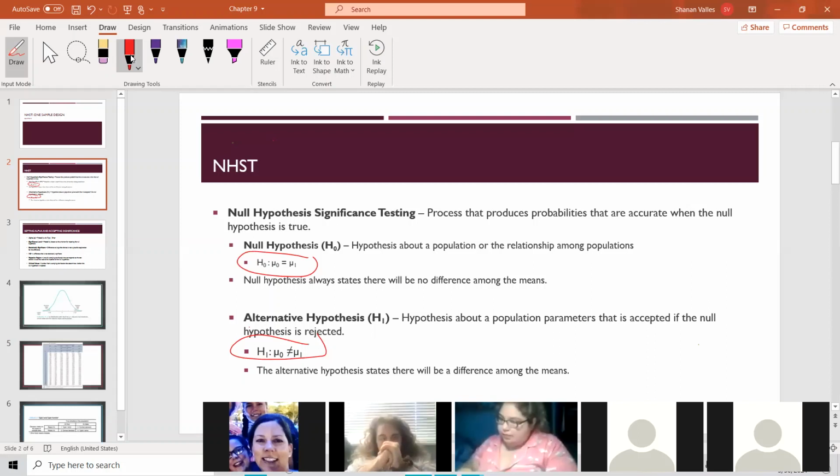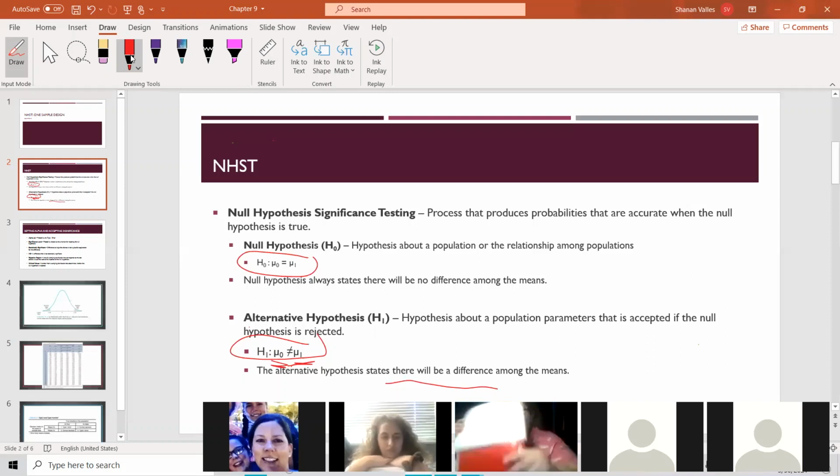So what this is saying here is the alternative hypothesis is saying that the mean of this population will not equal the mean of this population. Okay, so it's the opposite. It states that there will be a difference, right?